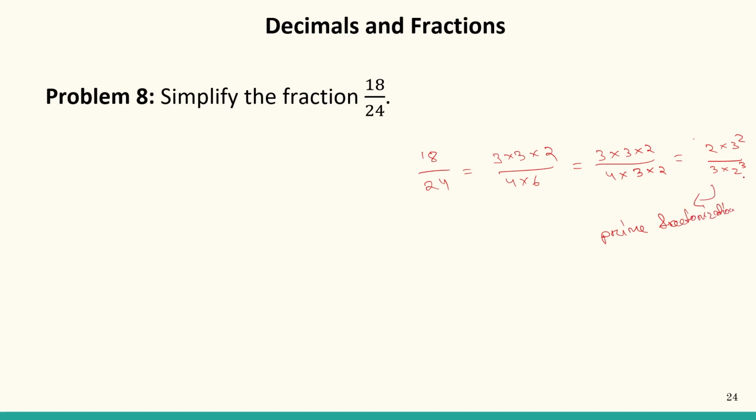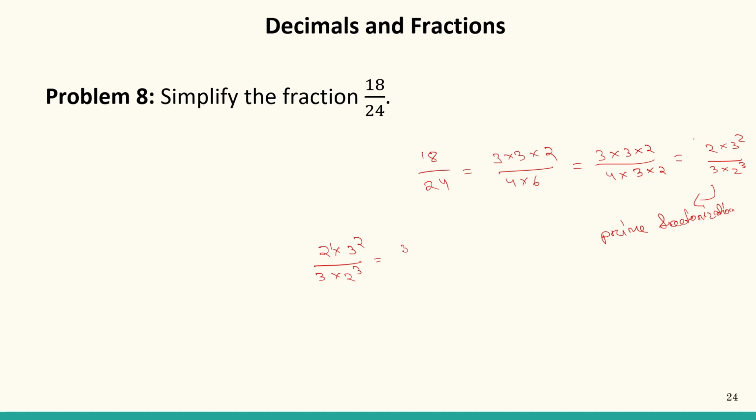Okay, so here we can see that we have simplified it to 2 into 3 power 2 by 3 into 2 power 3. Okay, so what we can do is we can cancel the 2 power 1 in the numerator with the denominator.